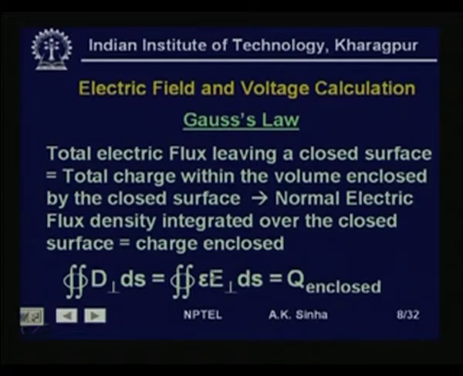Now, this epsilon is the permittivity of the medium and E is the electric field strength at the surface. So, what we have done is electric flux density D is replaced by epsilon E, because D is equal to epsilon E that we know from electric field theory. So, this is equal to the total charge enclosed by the volume enclosed by this closed surface.